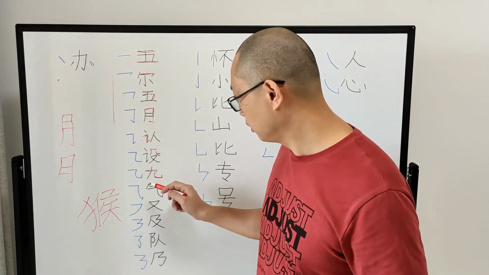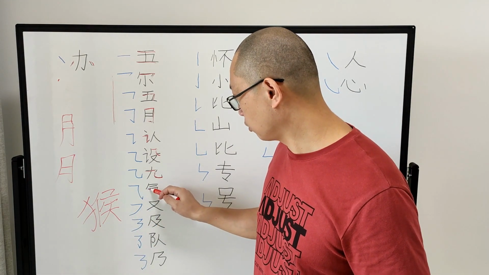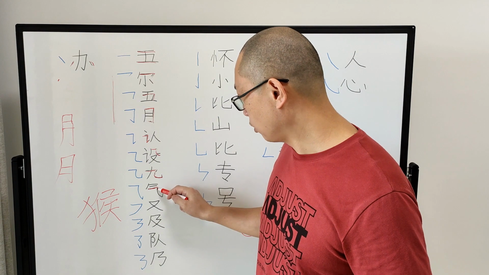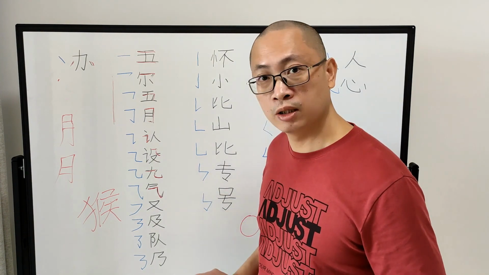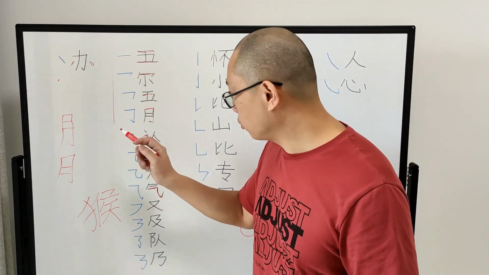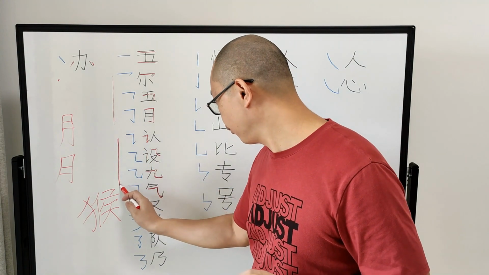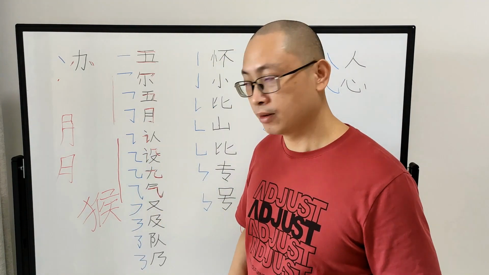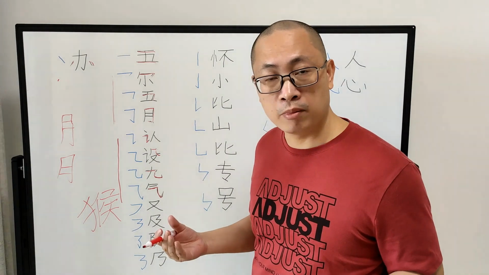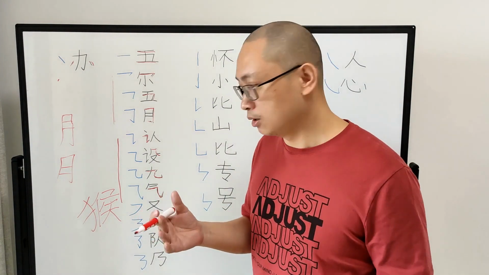And next, horizontal, right side folding with a hook. Okay, you can group these 4 together. If you mix them, okay, no problem.